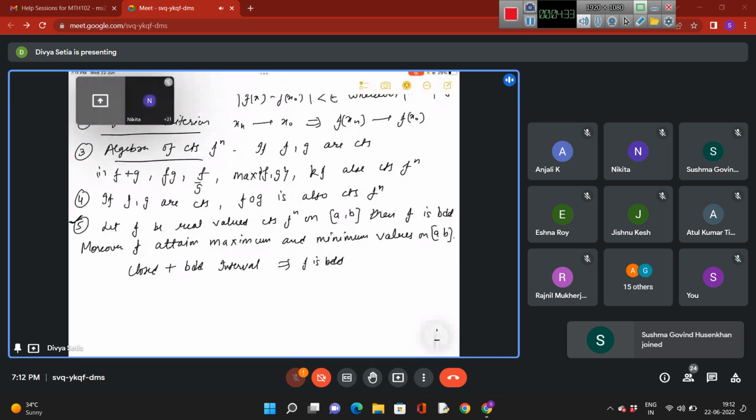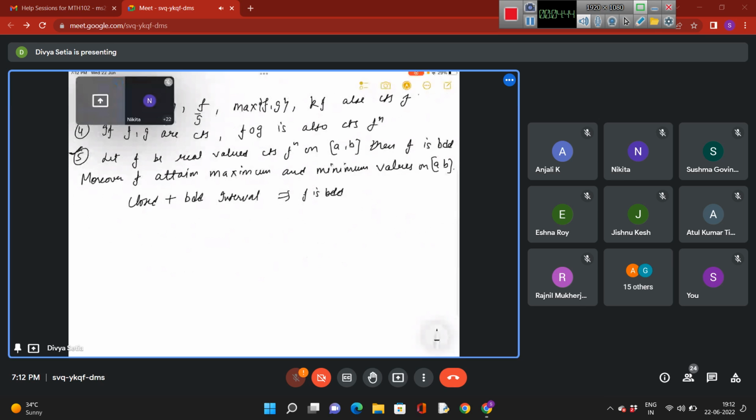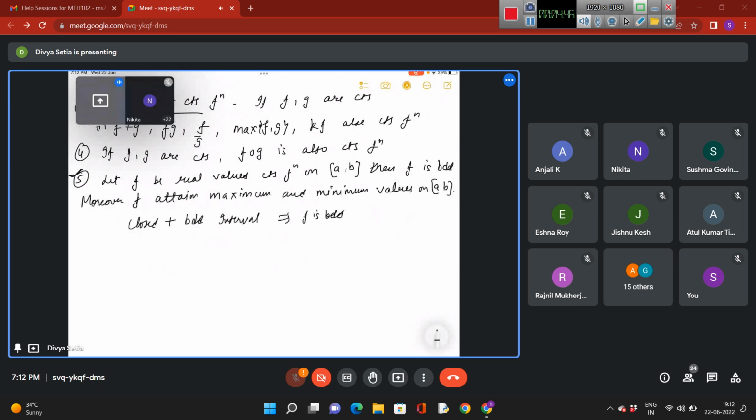If you remove one of the properties, then it may or may not be bounded. You cannot say anything. And the same thing for maximum and minimum also. For attaining maximum and minimum values, you require a closed and bounded interval plus a continuous function.